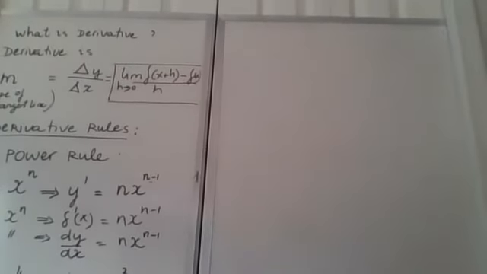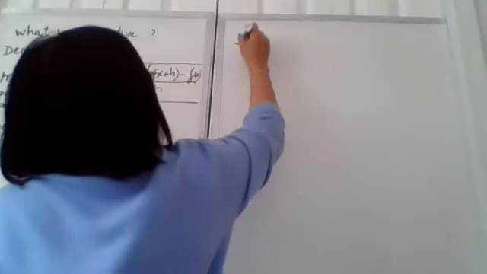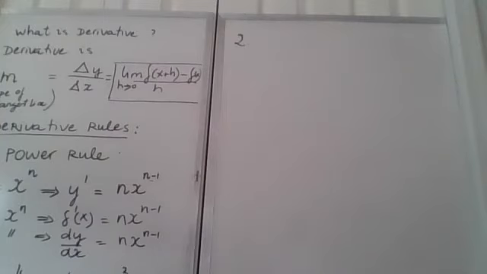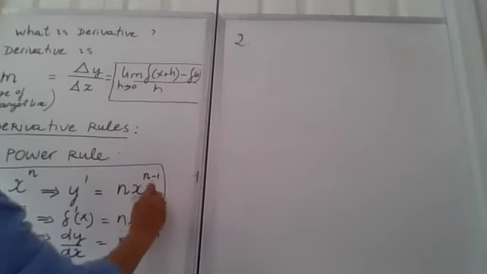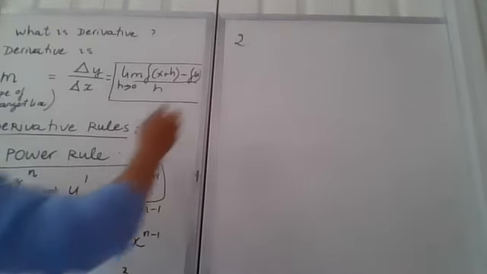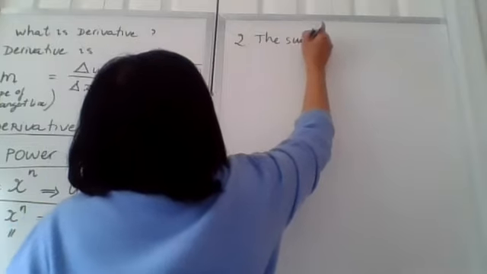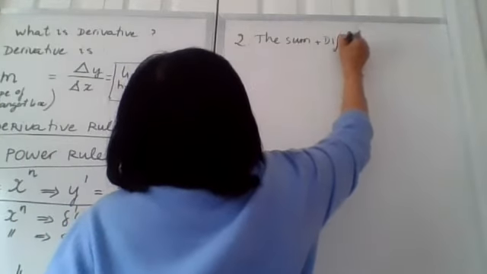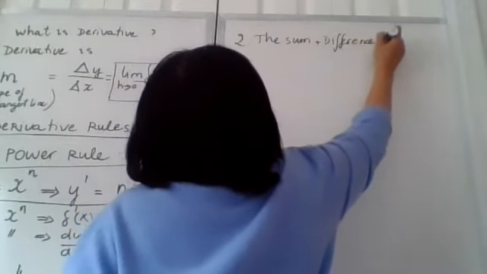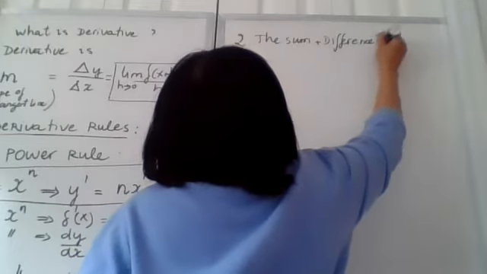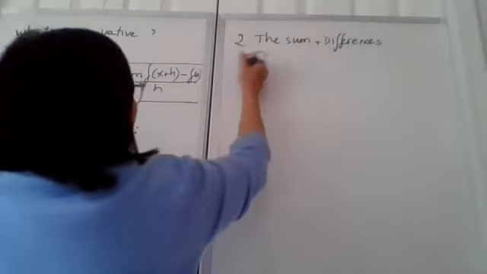Now, let's get into the second rule right away. If you understand the first rule already, let's go to the second rule. And I'm going to frame this one so that you remember this is the formula, right? Number 2, the second rule, we call the sum and differences rule. So what is the rule?